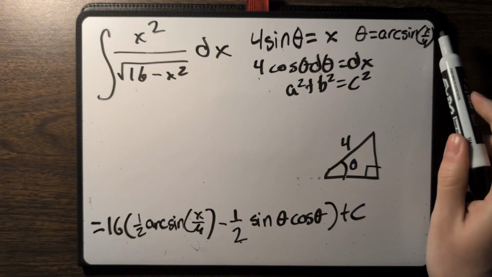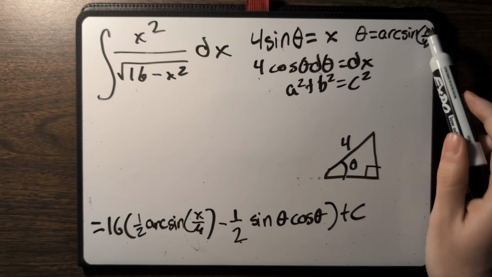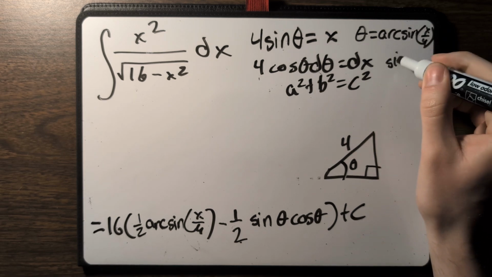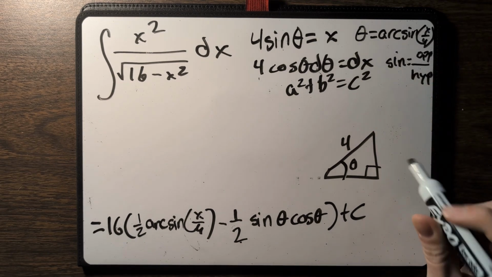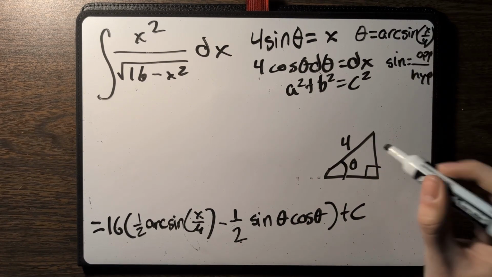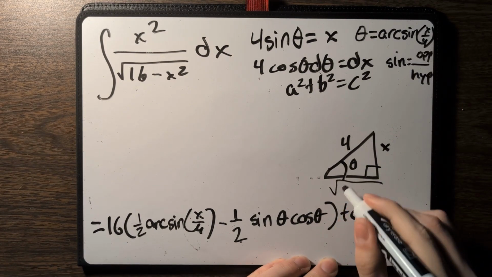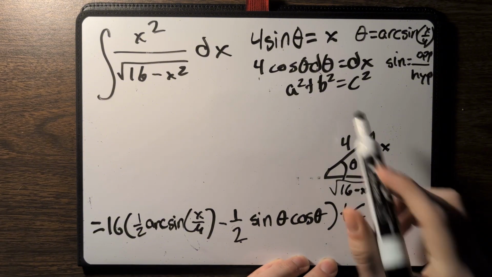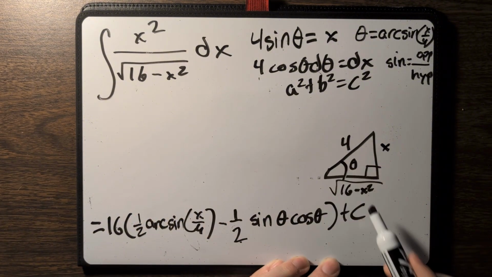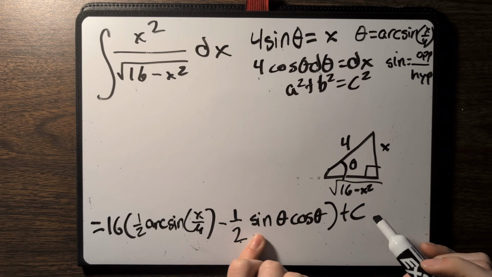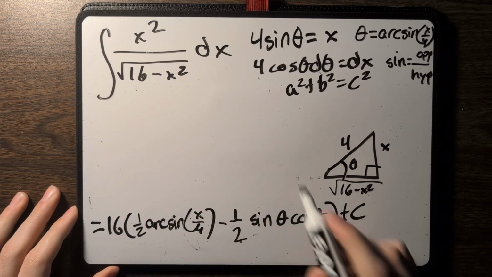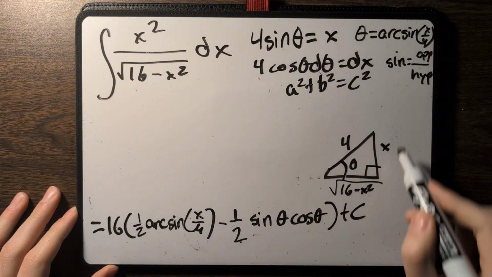According to arc sine x over 4, well, sine is opposite over hypotenuse. Therefore, 4 is the hypotenuse, and x will be opposite. And then this, according to the Pythagorean theorem, is going to be our adjacent side. So, using that in conjunction with these, we can substitute them for these terms in x.